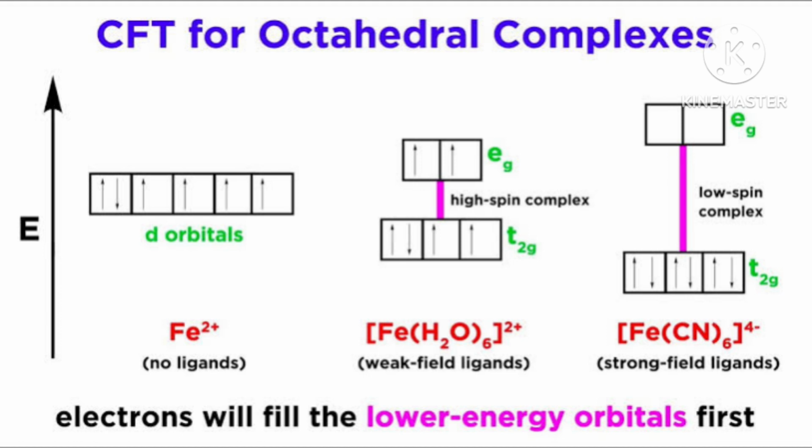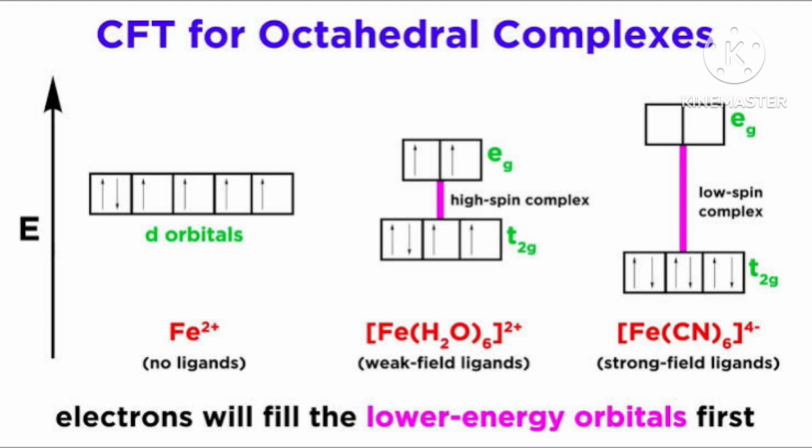The carbonyl group is highest, and iodide ion is weakest and lowest. Such a series is termed a spectrochemical series. It is an experimentally determined series based on the absorption of light by complexes with different ligands.